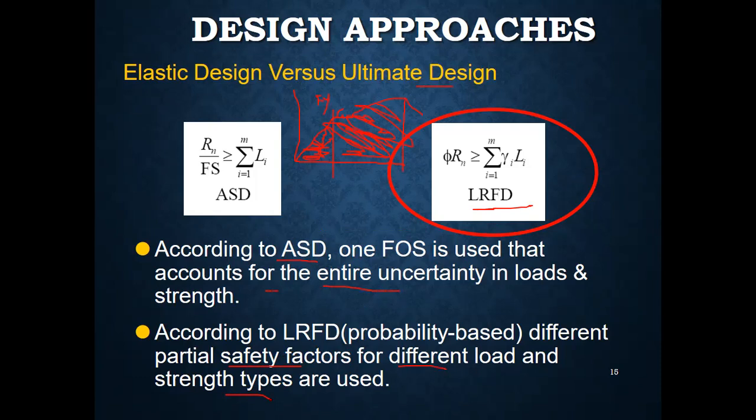For tension it has a different factor of safety, for compression a different one, and similarly for tension-controlled and compression-controlled regions. That's why this theory basically supersedes the theory of allowable strength design.